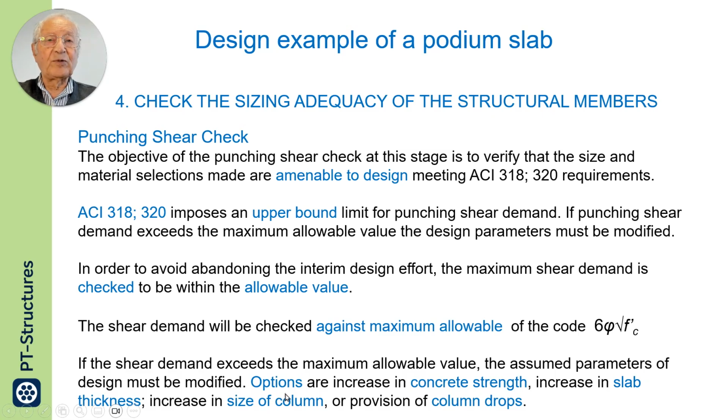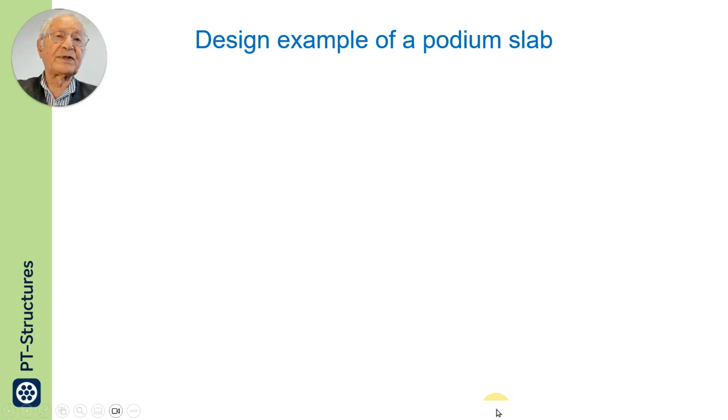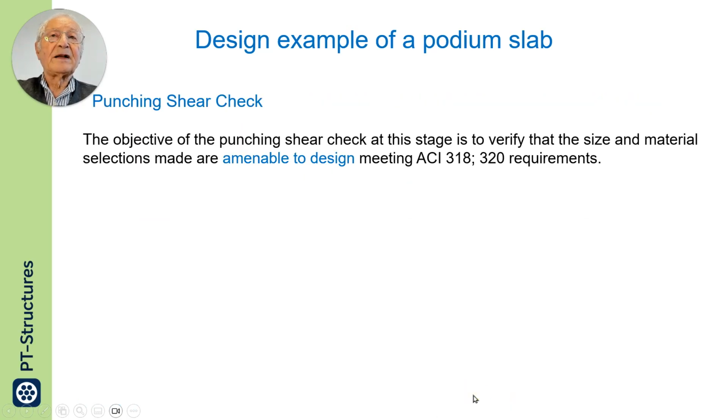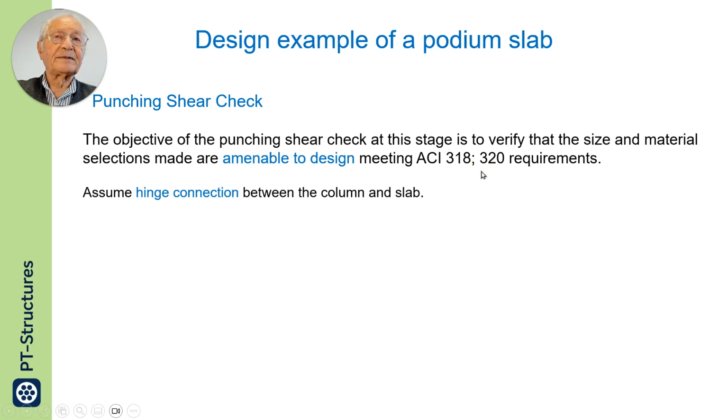Options that are open to us are increase in concrete strength, increase in slab thickness, and increase in size of column or provision of column drops. The objective at this stage is to verify the size and material selections to be acceptable.